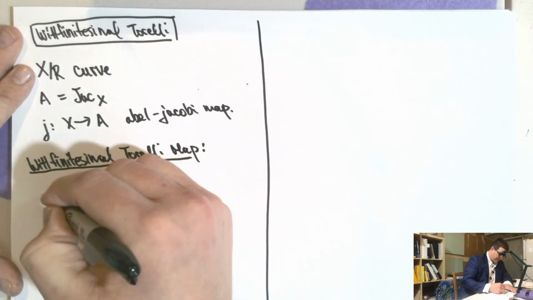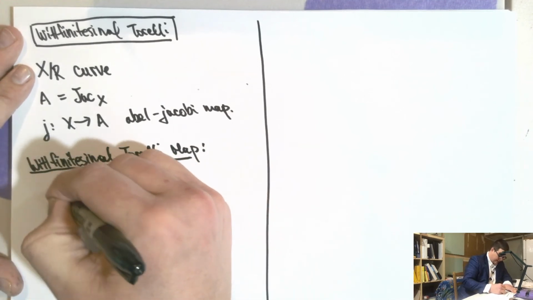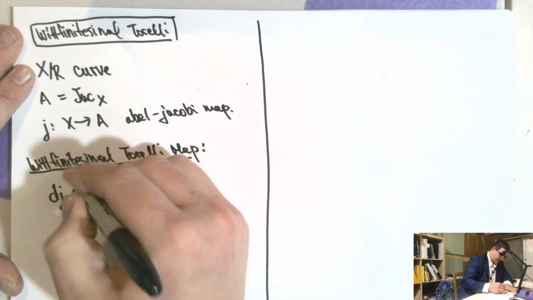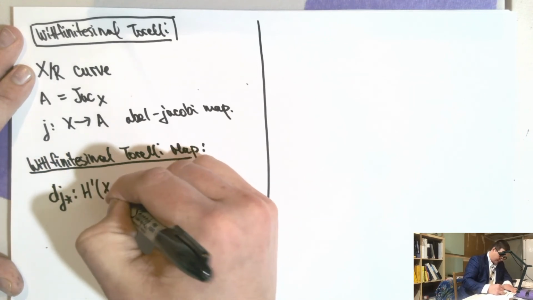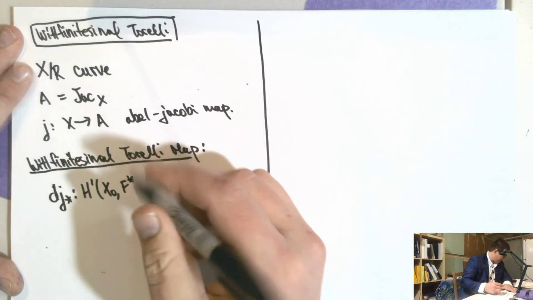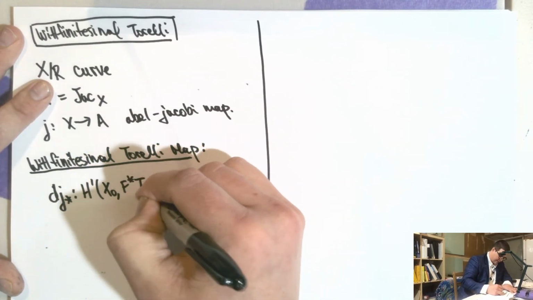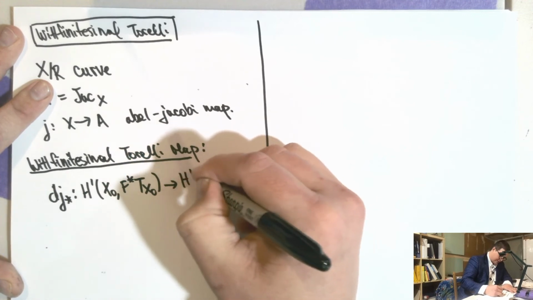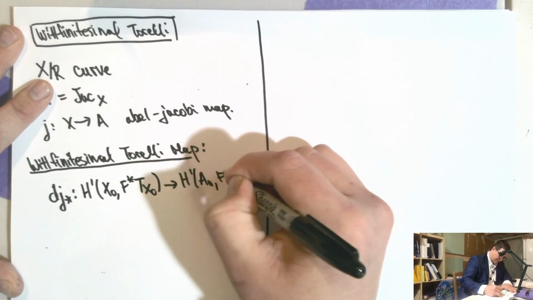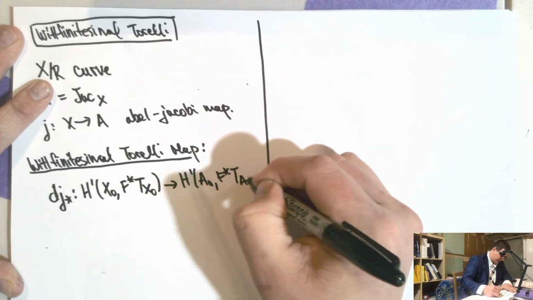It is the map dj_* from H^1 of X0, F^* of the tangent bundle of X0, to H^1 of A0, tangent bundle of A0.